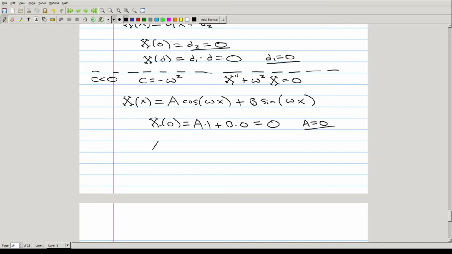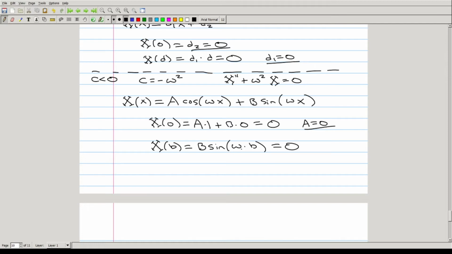And things aren't looking too good, but sure enough, we get that some magic happens when we go to apply the boundary condition at b. X of b is going to be b times sine of omega times b, which has to equal 0. And sure enough, there are infinitely many possible solutions to this equation right here.